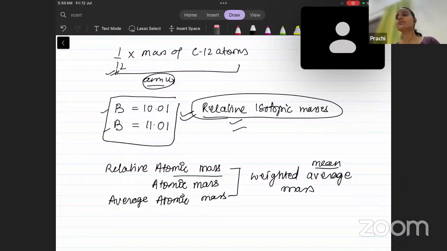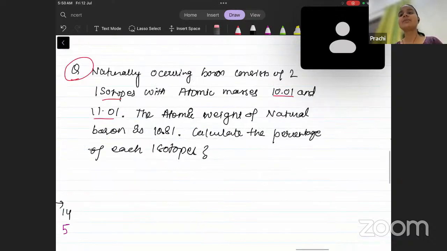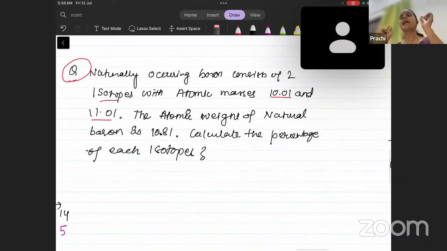Is this clear to you? Whatever we have in the periodic table, these are the relative atomic masses, and all these things you might have learned in lower classes, but I just gave you a quick revision. Understood? I hope this thing is clear to you. Whenever you see any numerical, whenever you see any mass, you should know in the back of your head that the mass I am seeing is the weighted average.